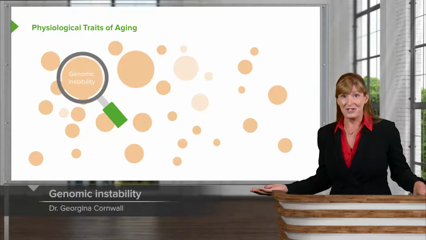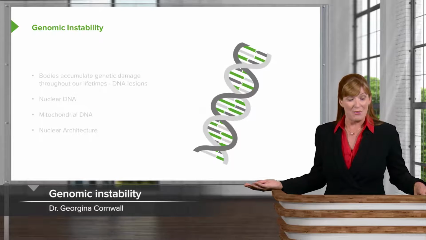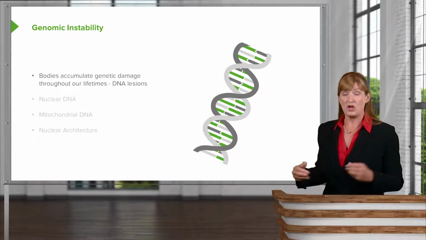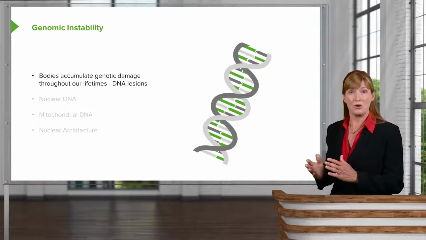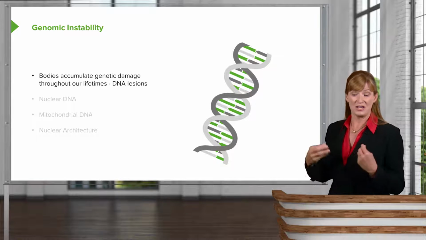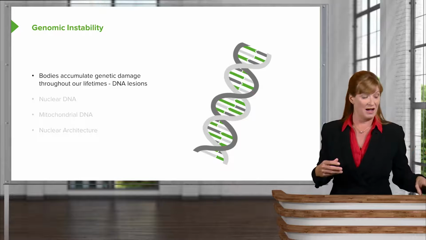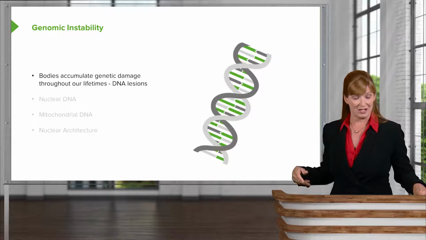When we consider genomic instability, we are going to consider that we accumulate genetic damage throughout our lifetimes. So in the form of DNA lesions, through mutations, through environmental interactions and such.